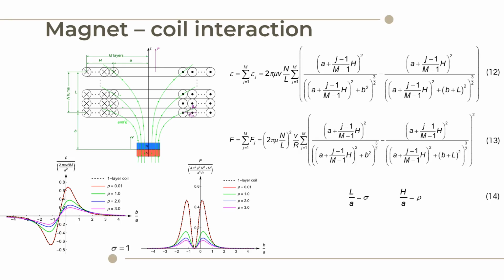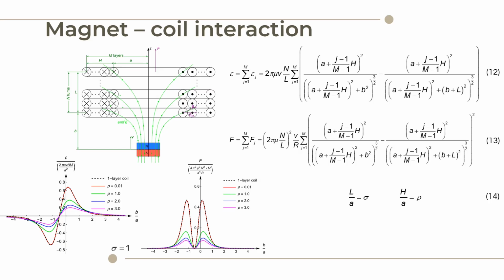In the case of modeling a coil consisting of m layers and n turns each, the electromotive force of induction generated by the entire coil can be determined as the sum of m electromotive forces generated by each of the n-turn coils. Thus, the electromotive force is given by equation 12.